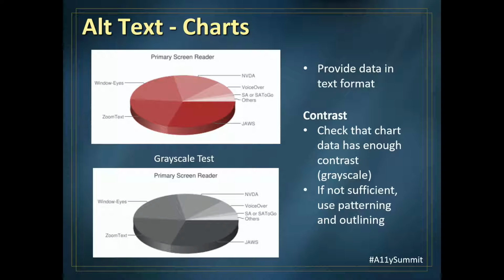You may not be able to explain all of what you're seeing visually. So I advise the clients that we work with throughout the state to create some sort of data table formatted option for your different charts that can be put down below if you're confident that it couldn't be explained in, for example, 125 characters.